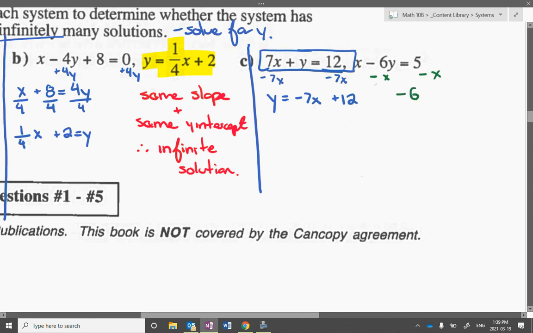So I have negative 6y, don't forget that negative, equals negative x plus 5, divide everything by negative 6. So then I get y equals 1/6 x minus 5 over 6. I have a different slope and I have a different intercept. So how many solutions are there here?